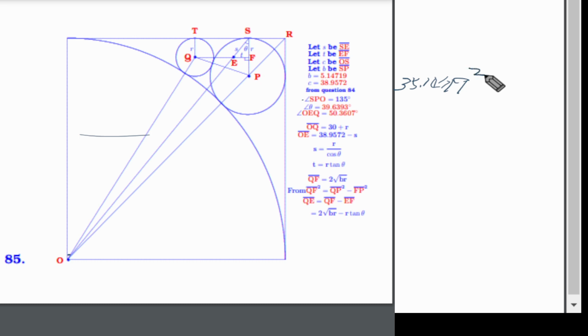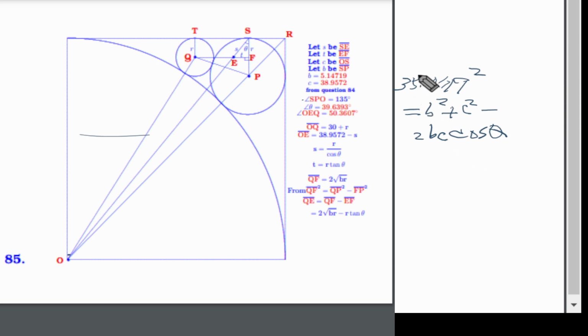This squared must be the same as radius B squared plus C squared minus 2 times B times C times cosine theta.